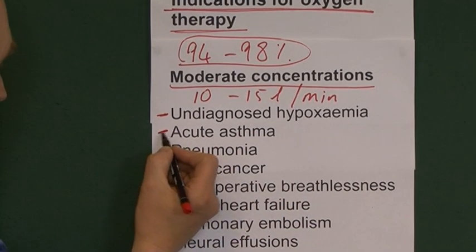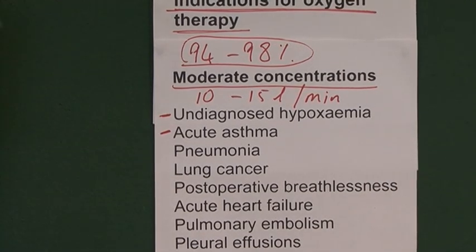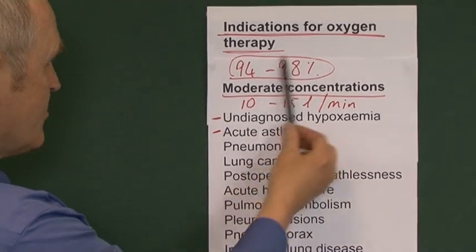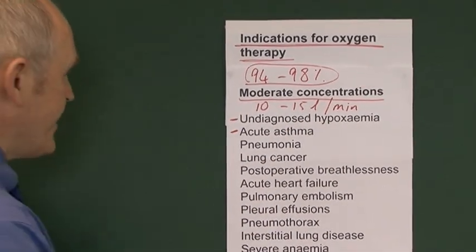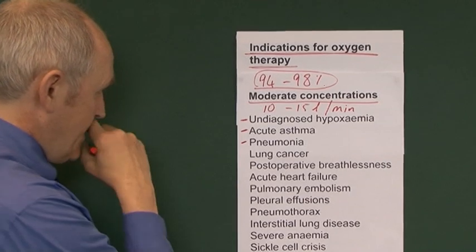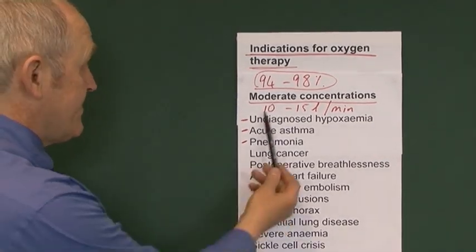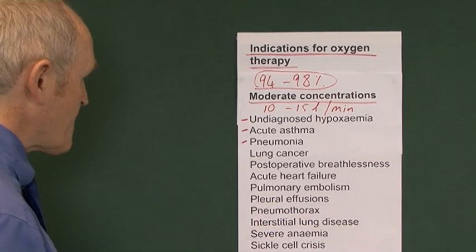Patients with acute asthma, if possible, use a rebreather bag and give them high concentrations of oxygen, aiming for these sorts of levels. Pneumonia, where there's consolidation in the lung, again we're aiming for 94 to 98%, where it might be necessary to give 10 to 15 litres per minute.